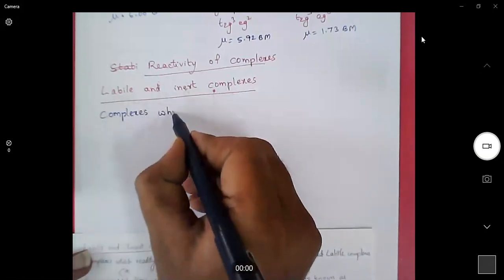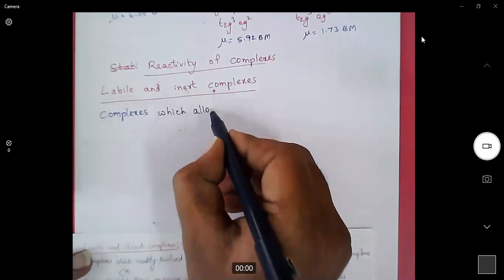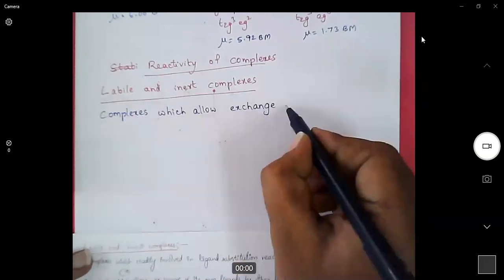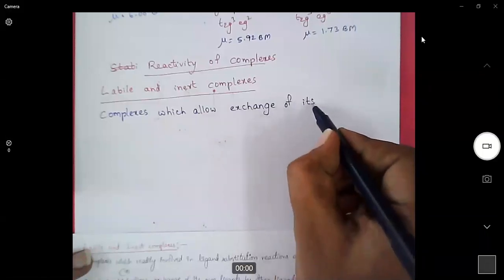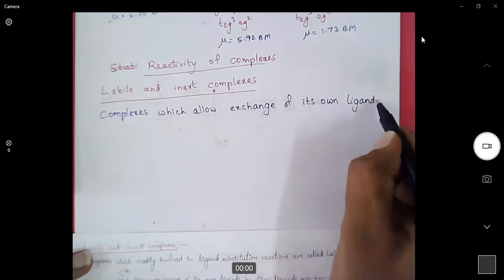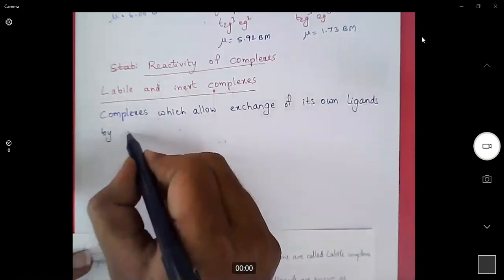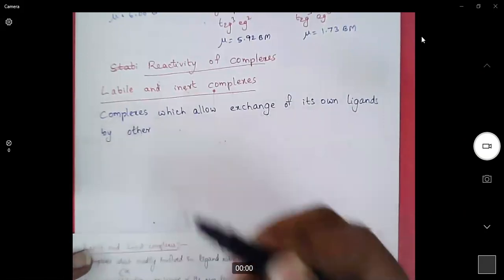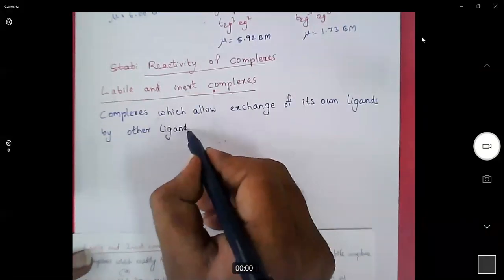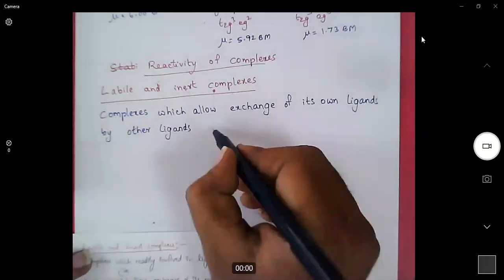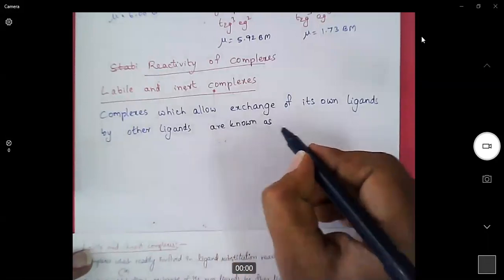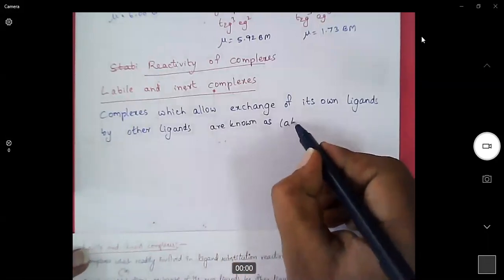Complexes which allow exchange of their own ligands by other ligands are known as labile complexes.